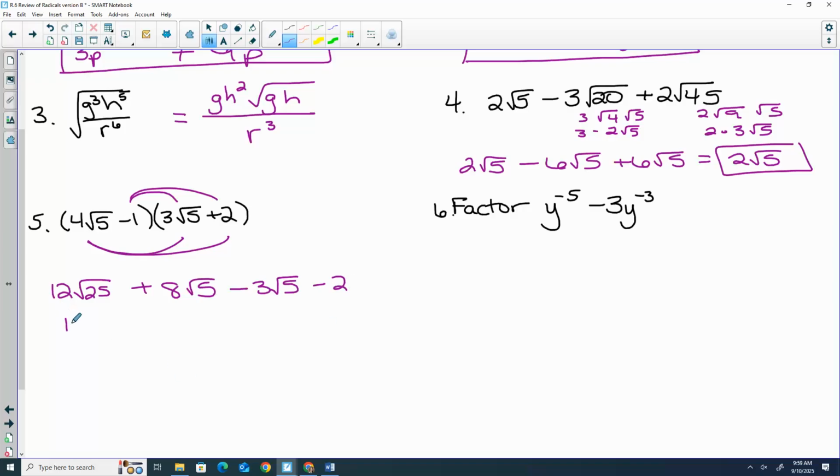So here, the square root of 25 is 5, so that means 12 times 5. These are like terms, that would be a 5 radical 5 minus 2. So 12 times 5 is 60, minus 2 gives me 58, plus 5 radical 5.